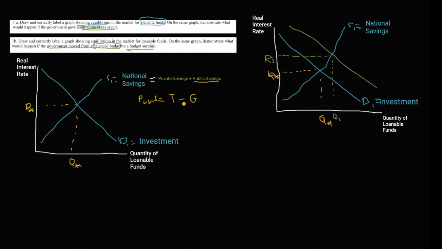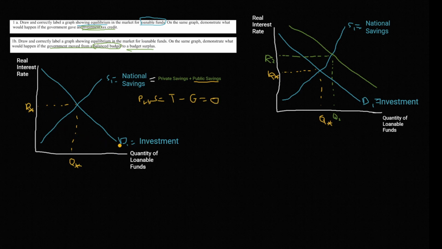We have whatever they make in revenue from taxing its citizens minus whatever the government spends on public goods and services. Whatever they have left is savings. So taxes minus the government spending is the government savings. And so it was a balanced budget, equal to zero. So this is beforehand.